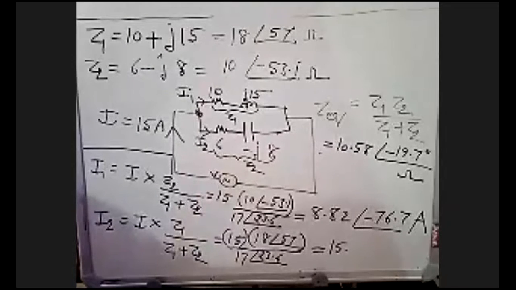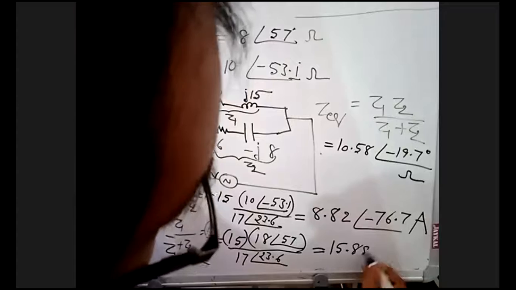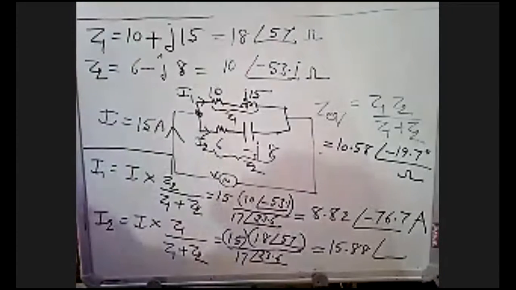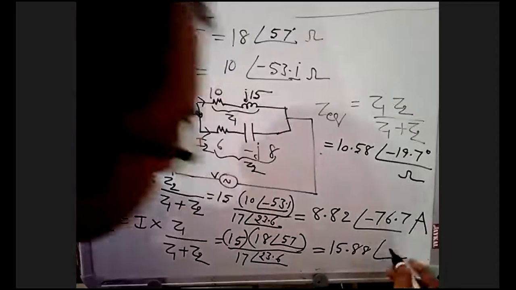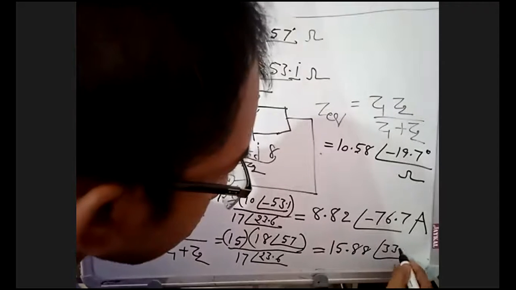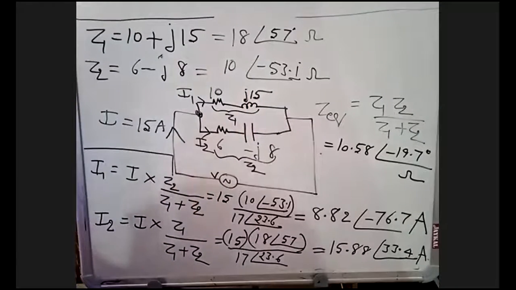How much? 15.88. What is the angle? 57 minus 23.6, that is 33.4 ampere. This is the current I1 and I2.